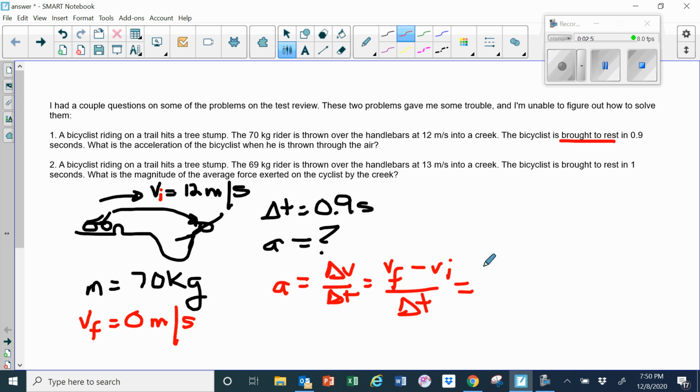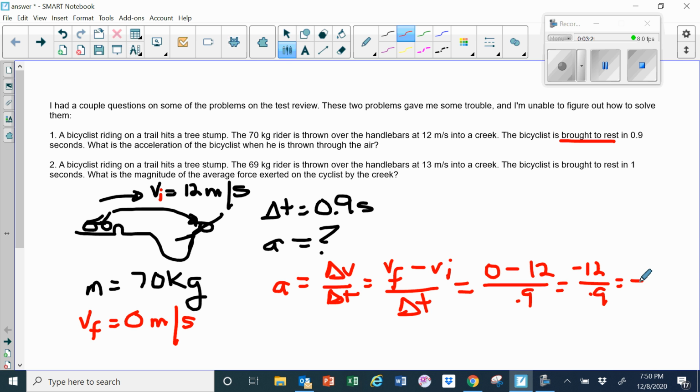Okay, so V final is 0. His initial is 12, so that's minus 12. Okay, and then it's over 0.9 seconds. So this becomes minus 12 over 0.9.